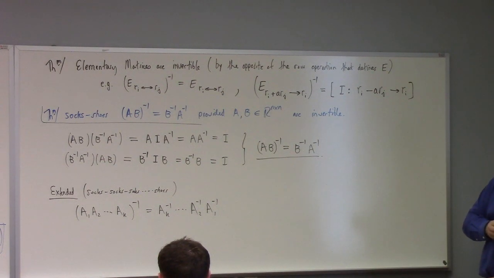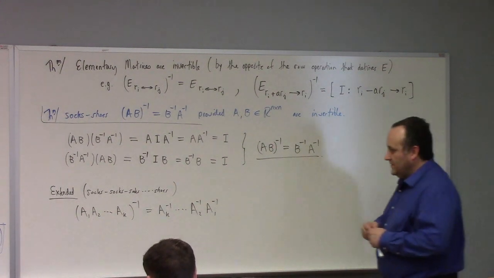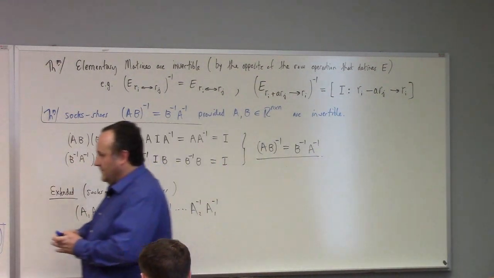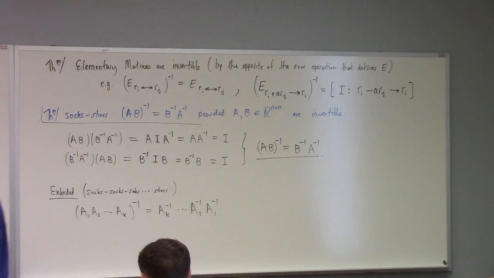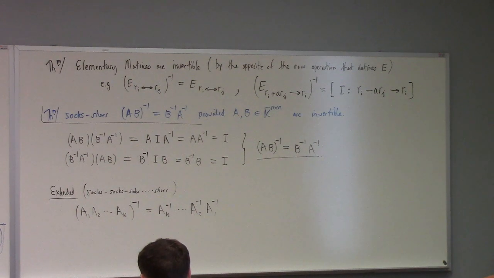So the point I have to all this is that if we have a product of elementary matrices, each of which is invertible, I have the following lovely formula: if I let E equal EK times EK minus 1 all the way down to E2 times E1, if I just let E be the product of all the elementary matrices, is E invertible?